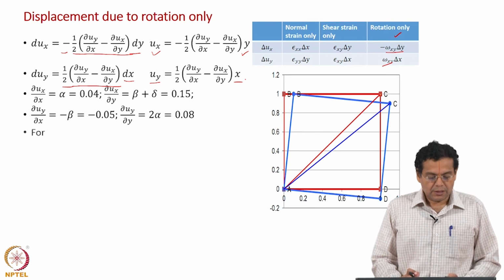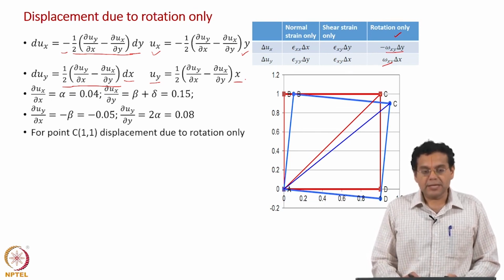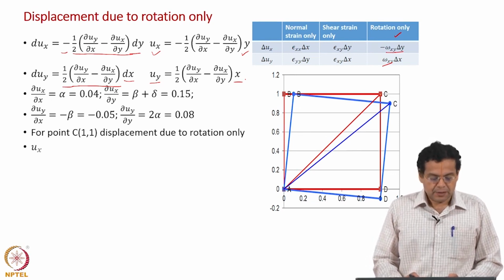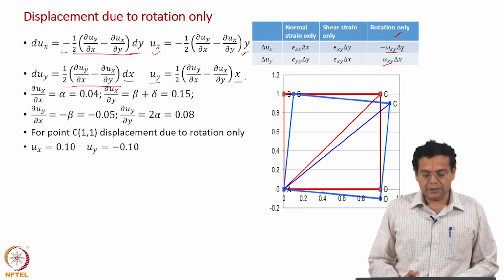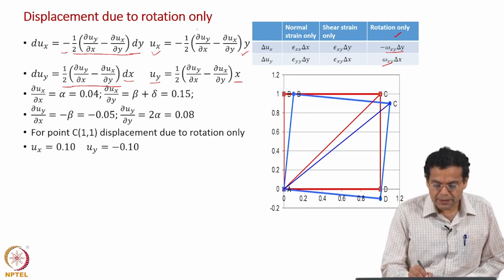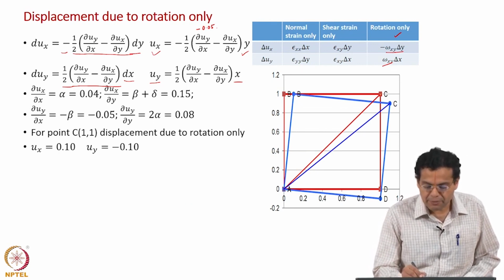Once again for point C, displacement due to rotation only, ux is equal to 0.1, uy is equal to minus 0.1. How do you calculate? Dou uy by dou x is minus 0.05, and then you have dou ux by dou y, which is plus 0.15, but you have minus here.